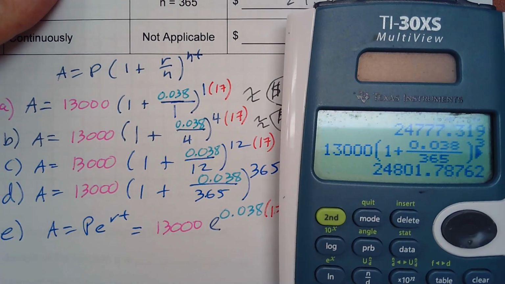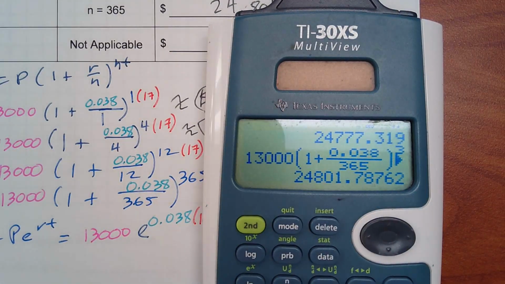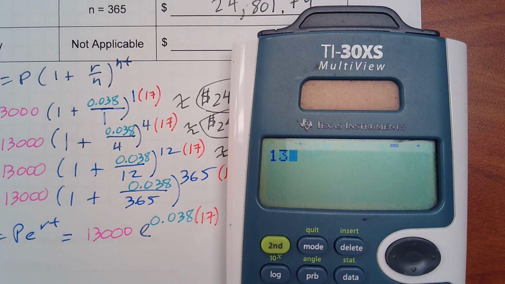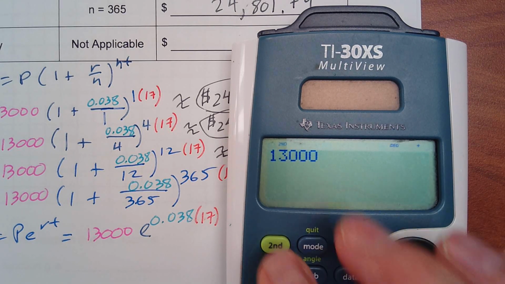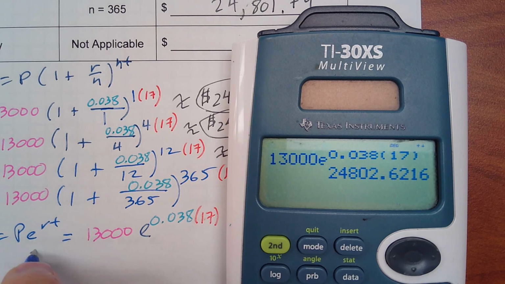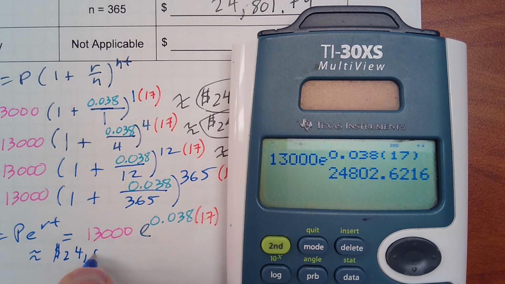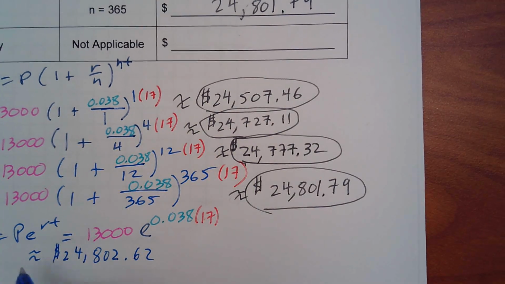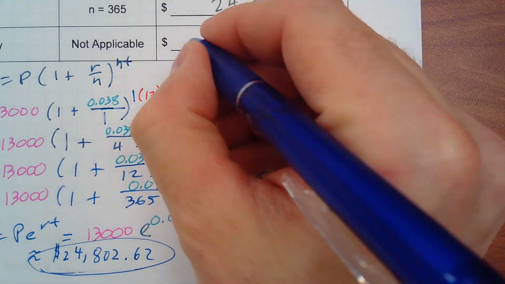So let's do that calculation. $13,000, second ln, 0.038 parentheses 17. And that's going to give us $24,802.62. And then we're also going to put that up here.